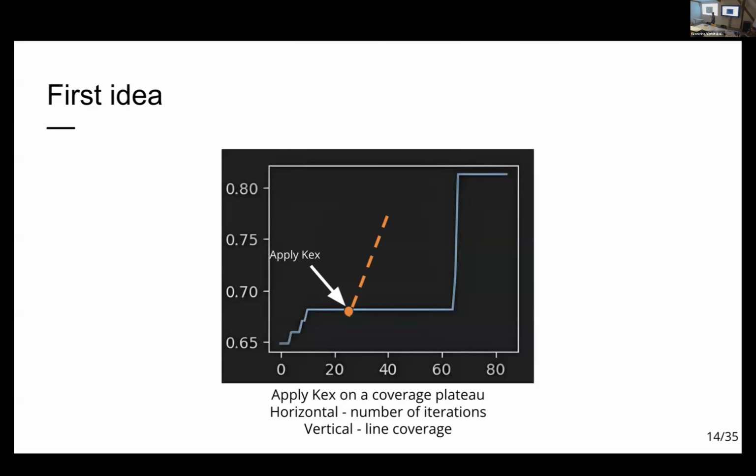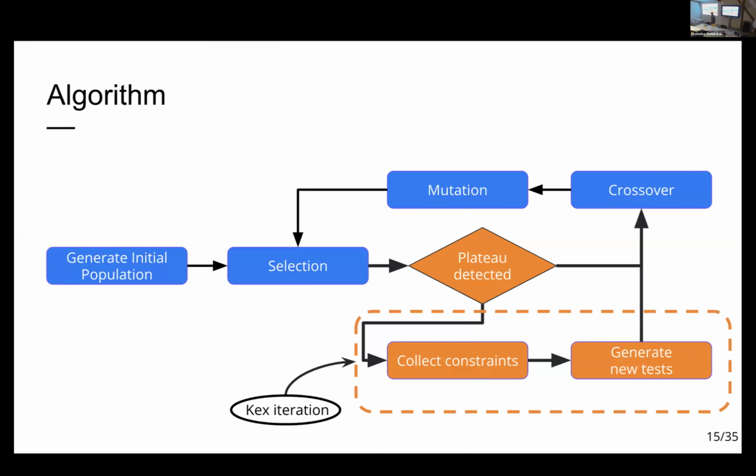Yeah, and so the first idea of combining these two tools was implemented by Rustam. The idea was that on coverage plateaus, when we detect them, we can apply KEX to generate a new test that covers what is uncovered, because we can solve it stably, and these tests will improve our coverage and help us converge faster. The algorithm was as follows.